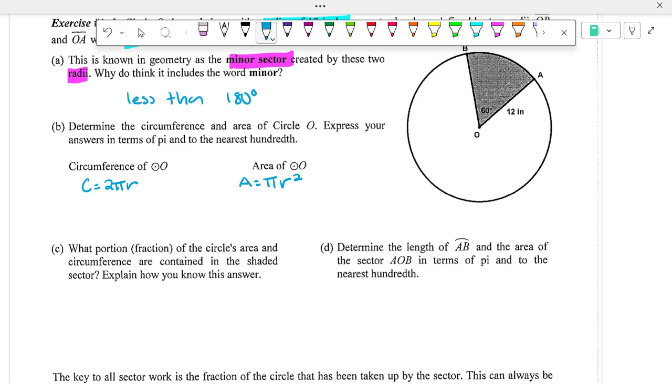They cut it into 8 slices. So what angle is that? 40? No. 30? Close. 45. Every time you eat a slice of pizza, you're eating 45 degrees.